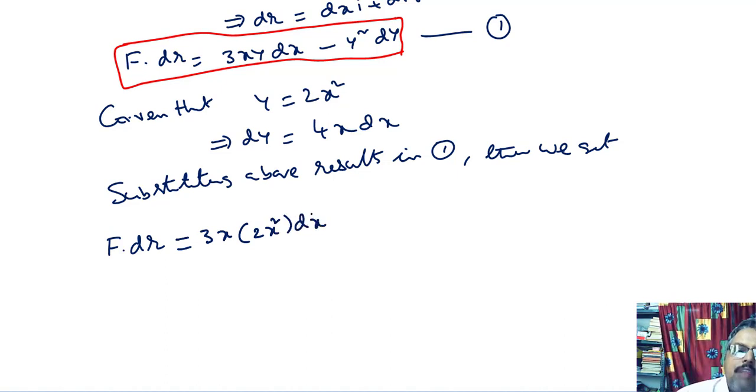So it is transformed into a single variable. Now y square equals 4x power 4, and dy equals 4x dx.